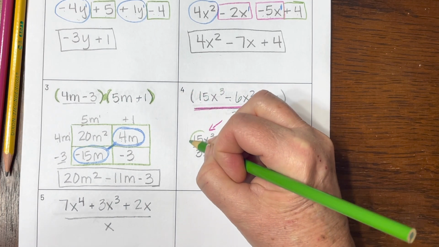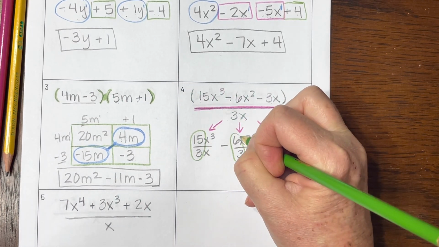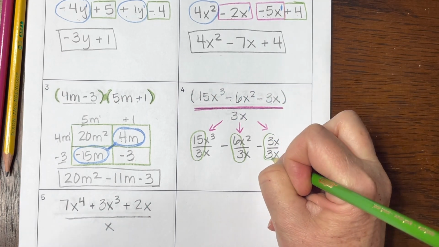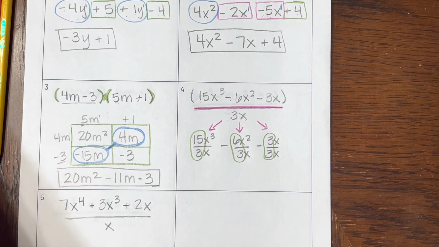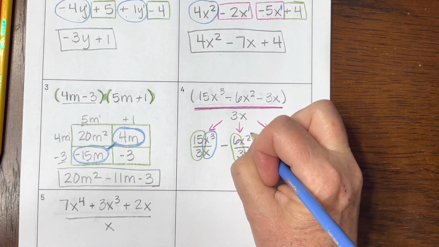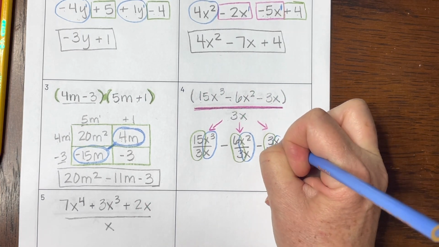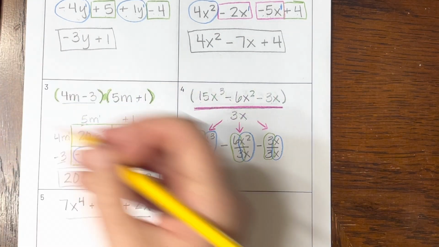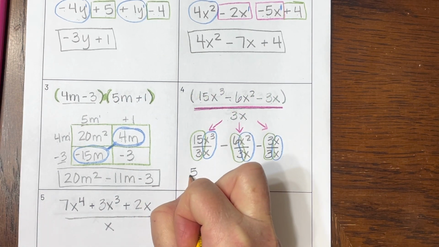Now remember, when we are dividing, we leave our coefficients to do the regular division. They just get to follow the rules. Now our variables will do something different because they do have exponents, and so we do need to follow exponent rules for those. Okay, so 15 divided by 3 is 5.